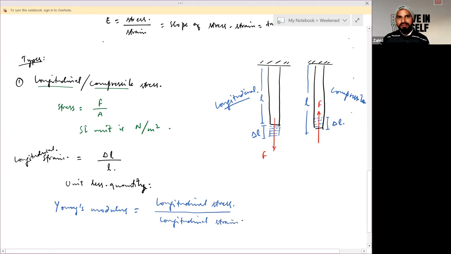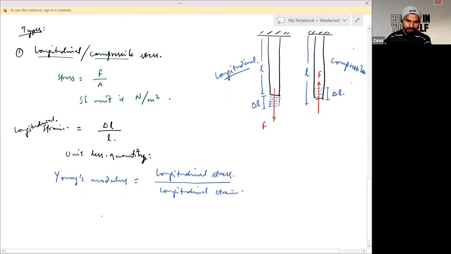In the above part, I defined modulus of elasticity, which may be divided into three different parts depending upon stress and strain. So in the first term, for longitudinal stress or compressive, modulus of elasticity is termed as Young's modulus, which equals the ratio of longitudinal stress to the longitudinal strain.